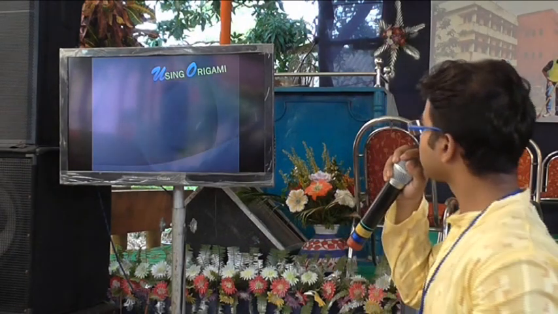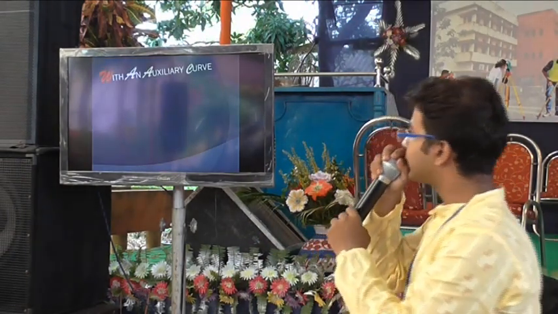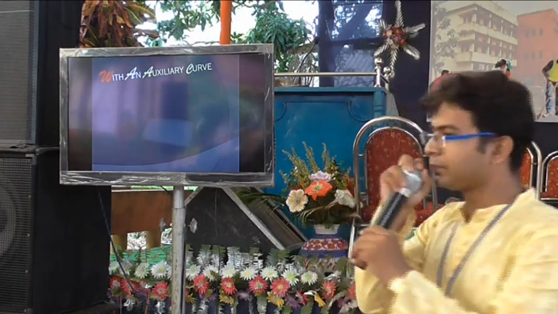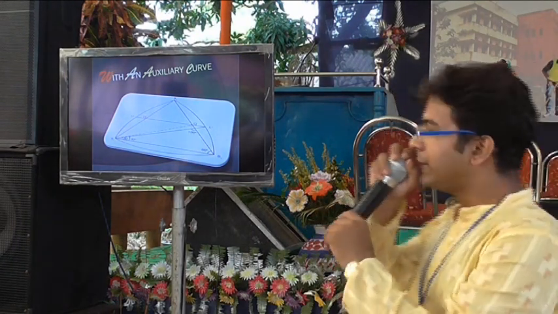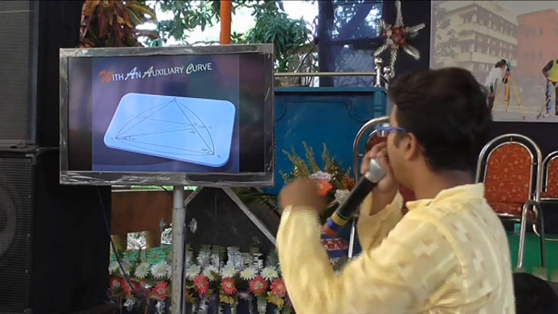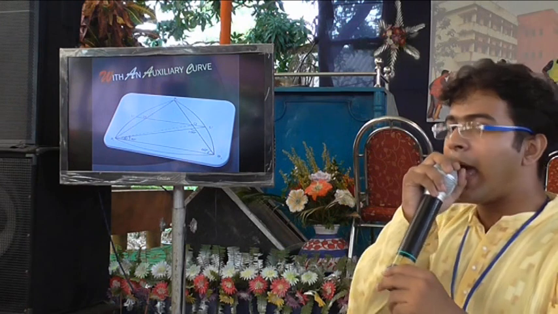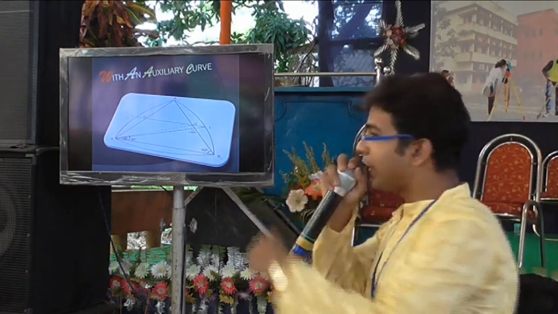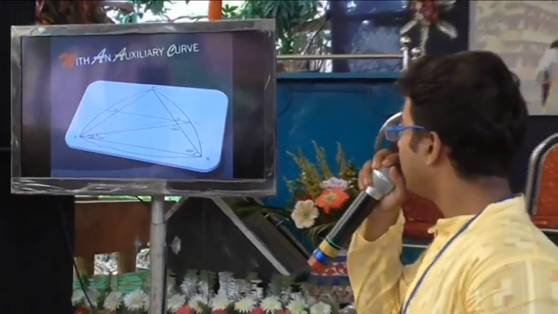So next, yes, next one is with an auxiliary curve. This is an isosceles triangle, and every angle is equal to 60 degree, and by this method we can get the angle 20 degree, which is 1/3 of 60 degree.